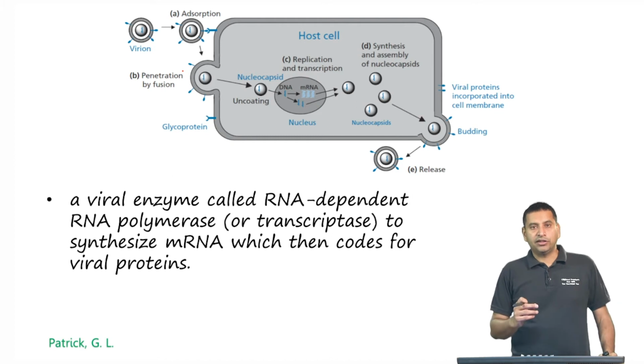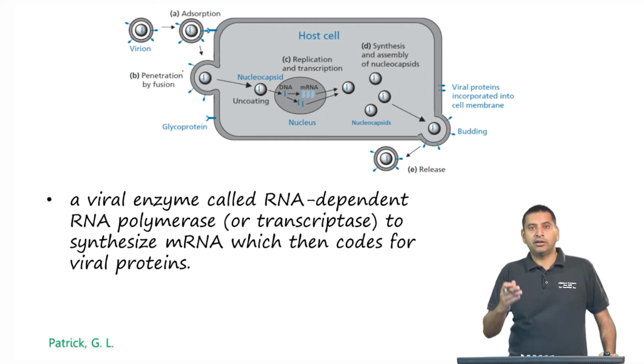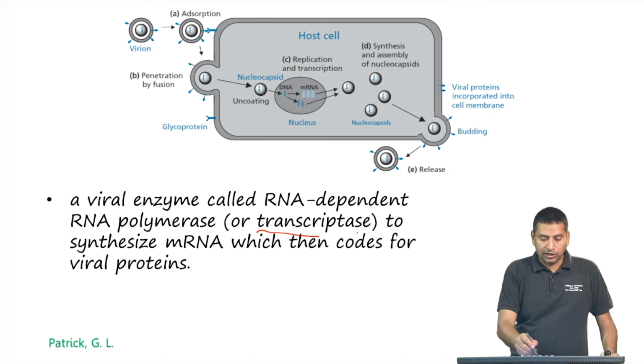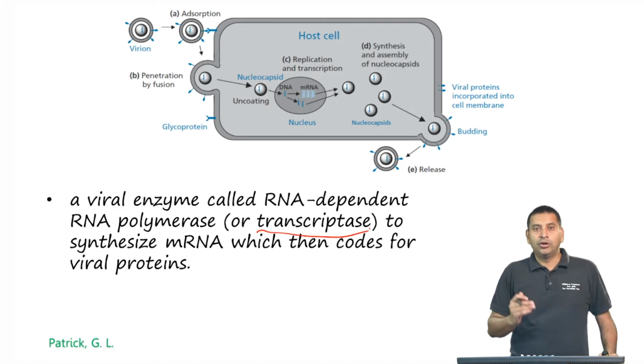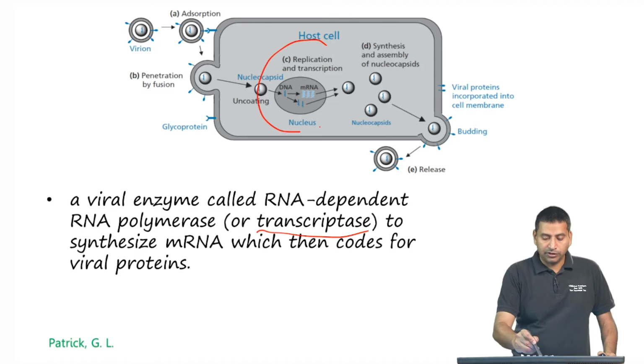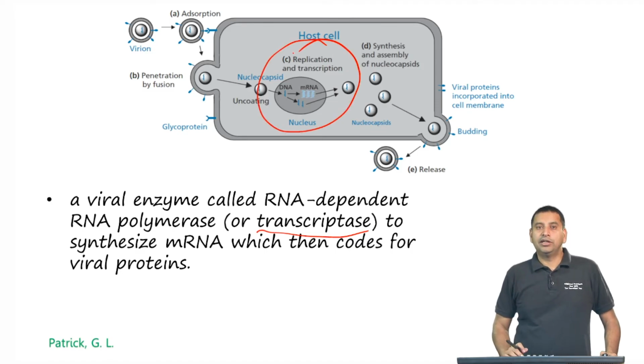The viral enzyme, called RNA dependent RNA polymerase or transcriptase, is now going to help with synthesizing the mRNA, and these mRNA code for viral proteins. So, this is the key step that we are discussing right now, which is replication and transcription.